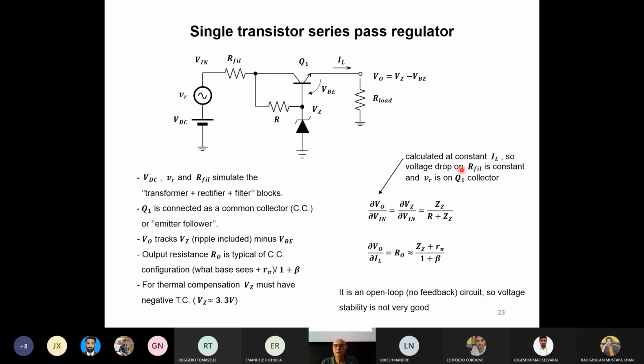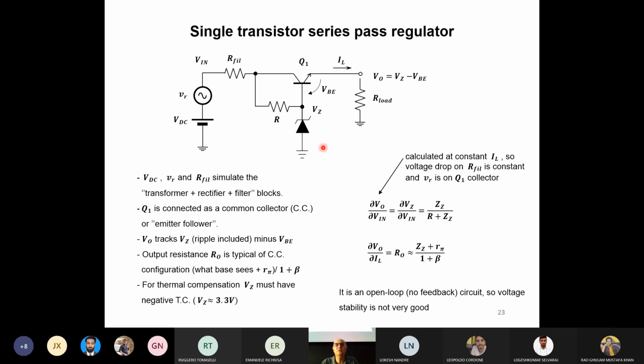What I told you is basically said here. The variation of the output in terms of the variation of the input: if you consider that basically what controls everything is Vz, you'll get the same formula that we found for a simple voltage regulator, a reference voltage based on the Zener diode.